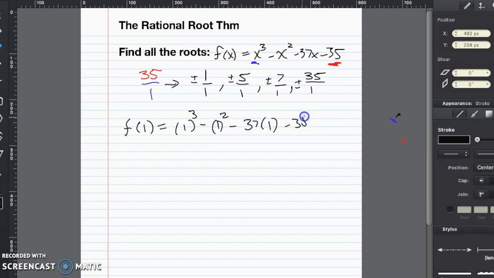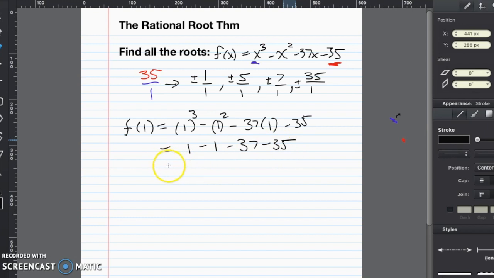Then let's simplify that a little bit. 1 cubed is going to give me 1. 1 squared is going to give me 1. Negative 37 times 1 is going to be negative 37, and minus 35. Already I can start to see some problems here. I have only a positive one, and then I subtract something, subtract something, subtract something, and these are all greater than or equal to 1.